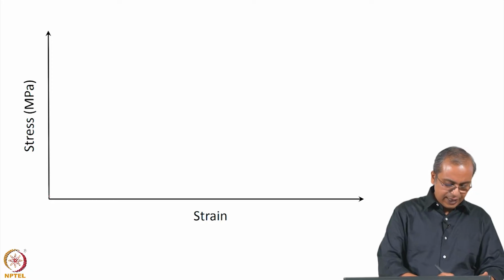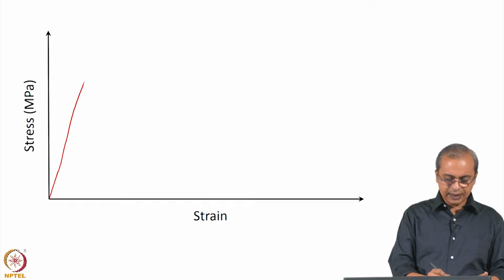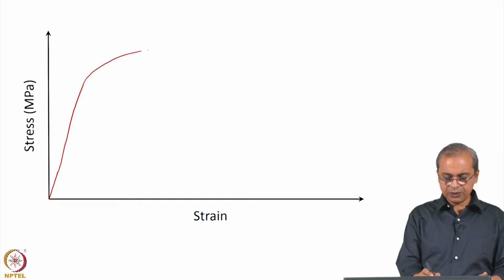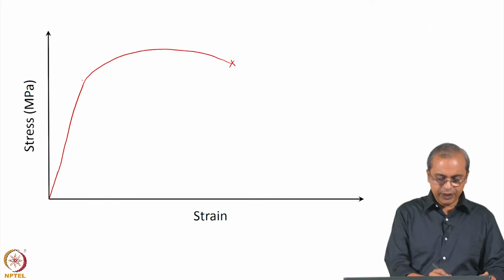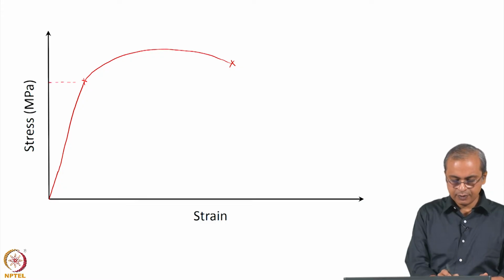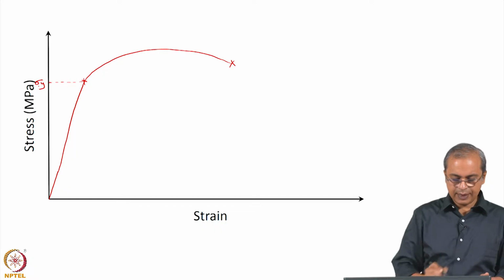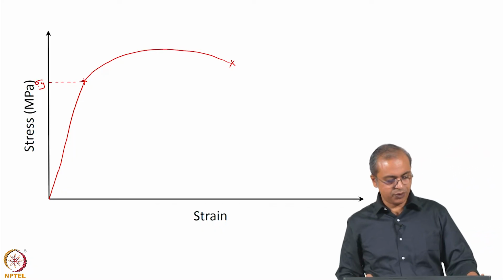So, in general you are going to have data that looks like this: one linear section, and then at some point it will deviate from the linearity, and then you see something that looks like this, and then the sample fractures. So, this is your yield point, this is sigma y. Stress versus strain is what we have.